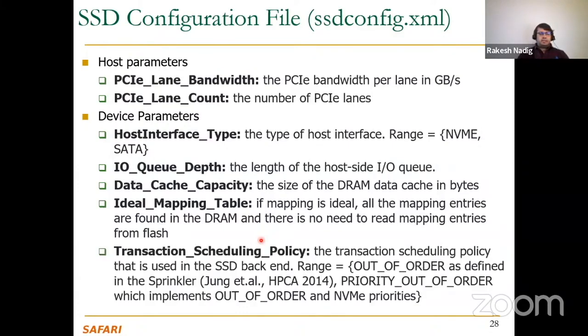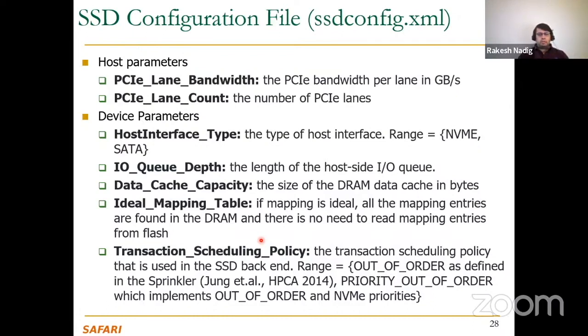Then we have the transaction scheduling policy, which is the scheduling policy to send the request to the backend. And there are multiple policies that are already supported out of the box in the simulator. One is called the out of order, which is based on a prior work.